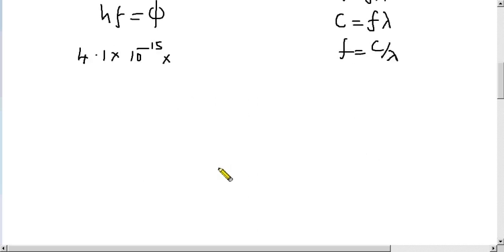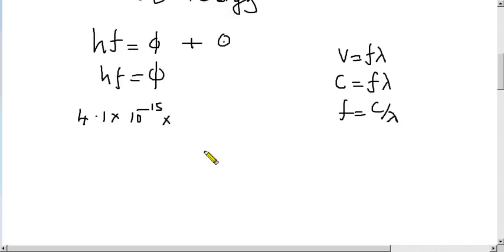So we can substitute here. Instead of f, c divided by lambda, h equals 5. So we can substitute c, 3 times 10 power 8, and h we have already written.